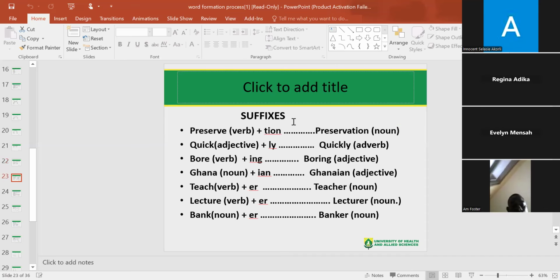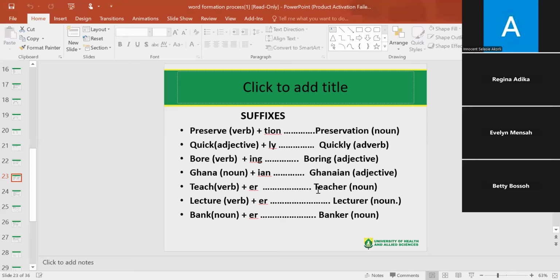You can also add suffixes to words. Suffixes normally come at the end of the word. So preserve plus TION, you have preservation. Quick plus LY, you have quickly. Bore plus ING, you have boring. Ghana plus IAN, you have Ghanaian.